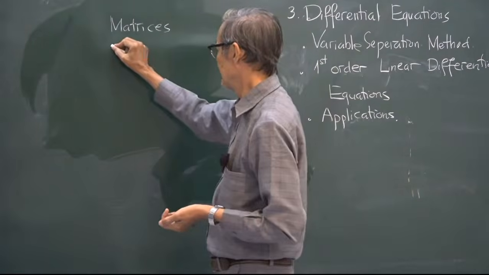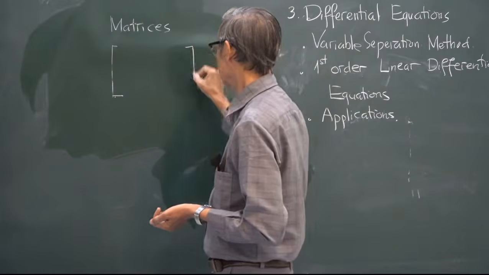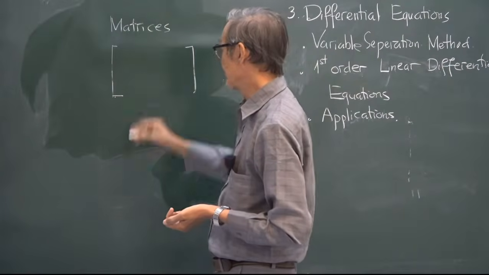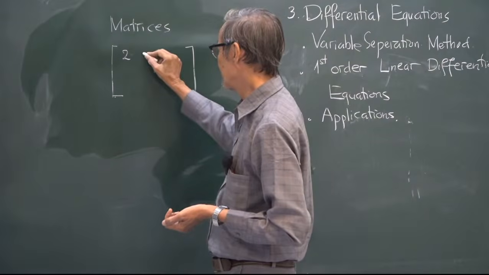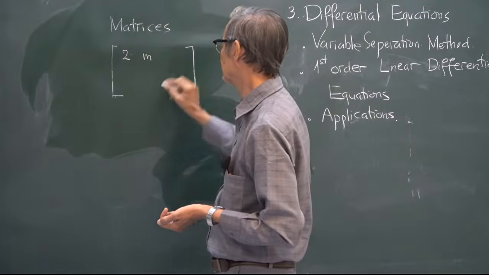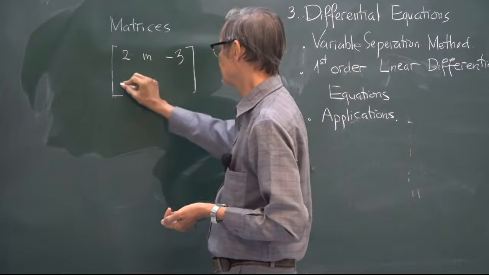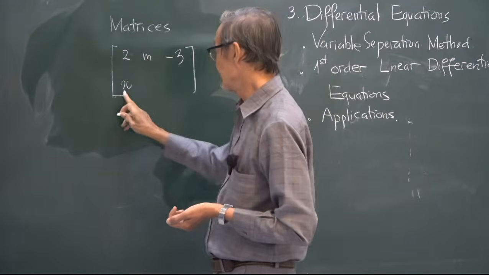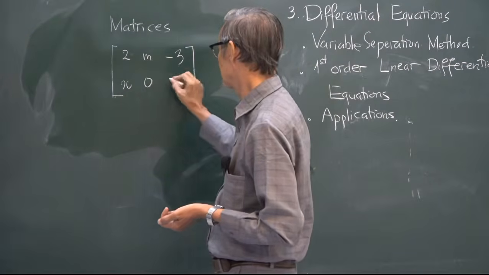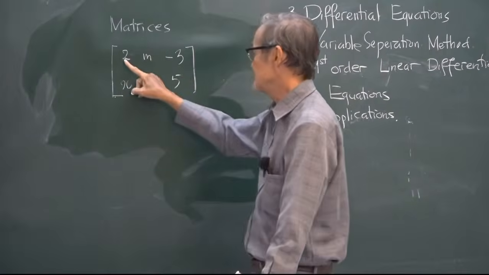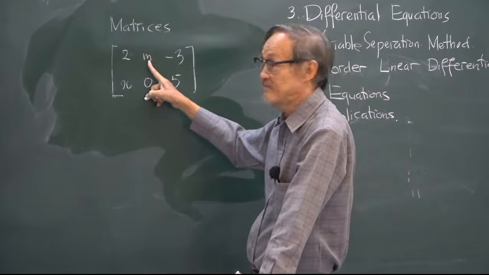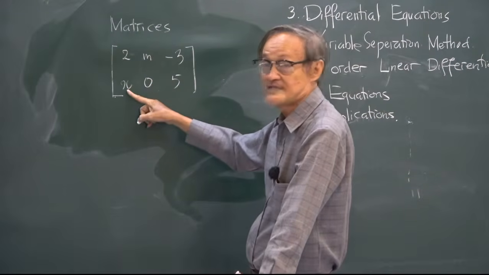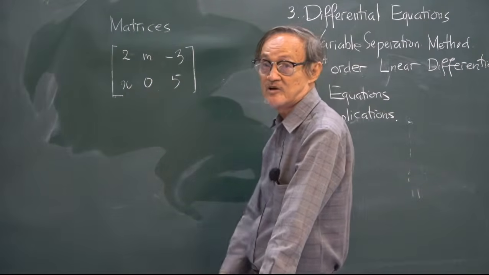A matrix is an array of numbers, for example, of parameters or variables. This is called a number. This is called a parameter. And this is called a variable.